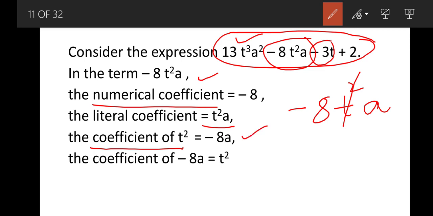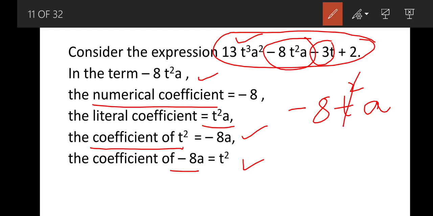And the coefficient of minus 8a, if I want it, what will be left after leaving minus 8 and a? That will be t square. So, in a given term, if I need to take the numerical coefficient and literal coefficient using this example, I hope it will be clear, and this is what you will be using in the multiplication of algebraic expressions.